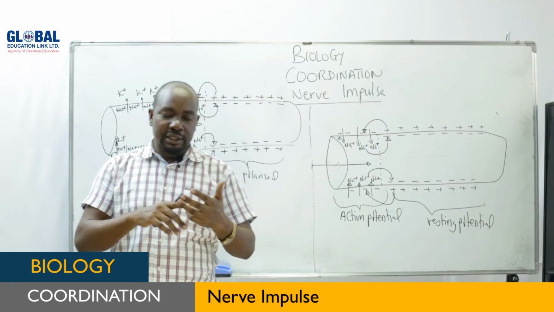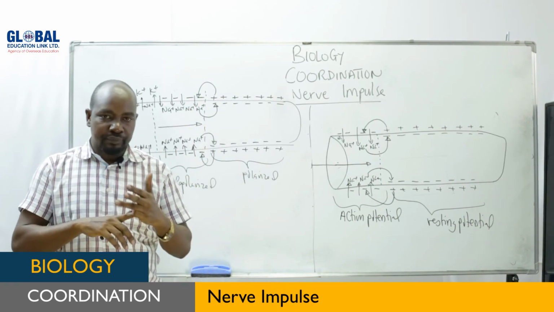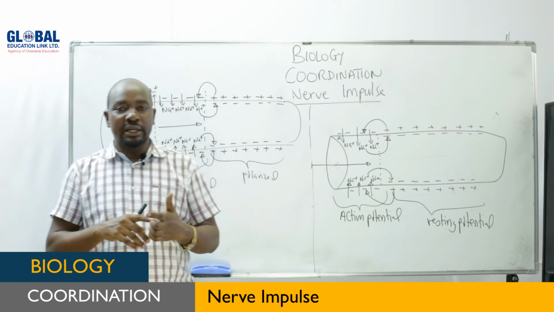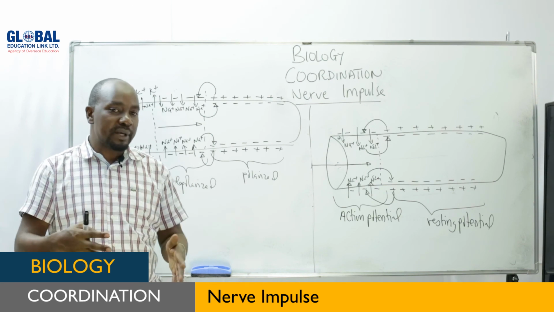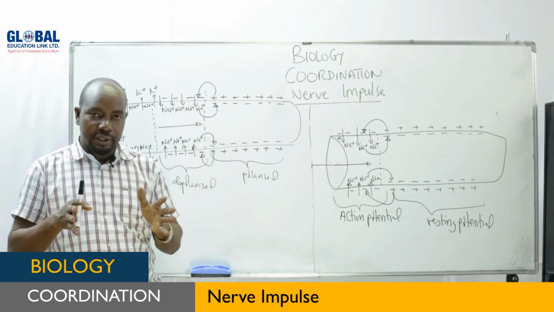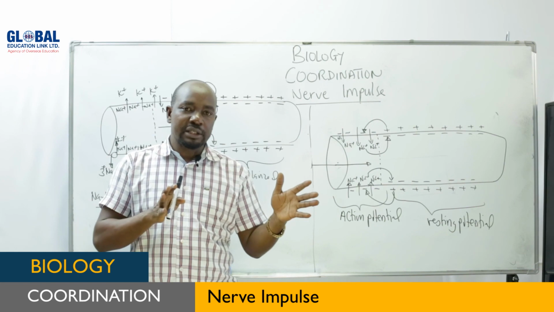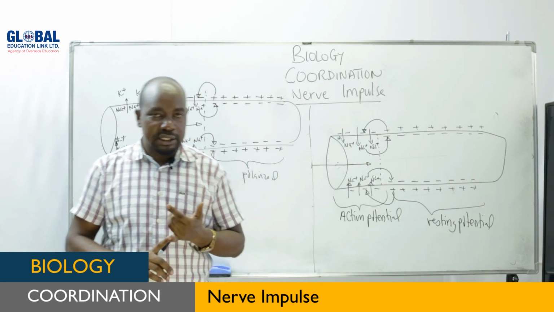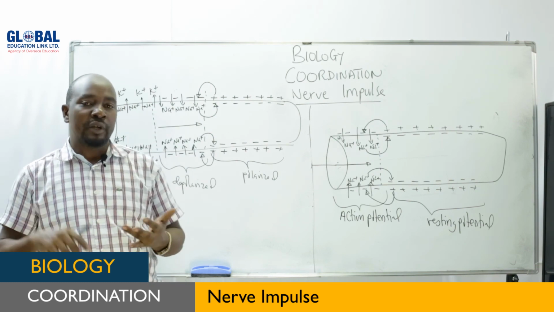Dear student, to explain this concept, you need to understand stage by stage. You need to understand the polarization, the depolarization, and the repolarization. What happens during this event? Polarization is when the membrane is at resting potential, no conduction.